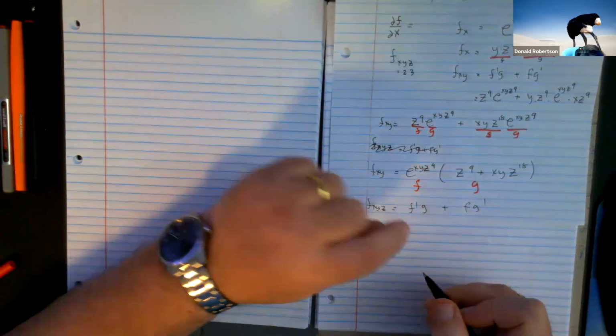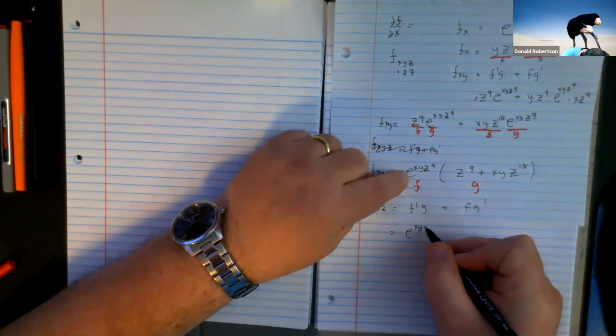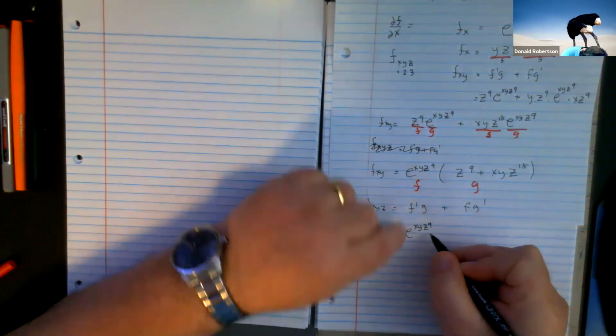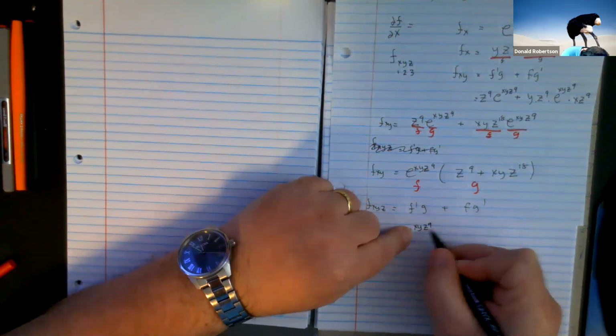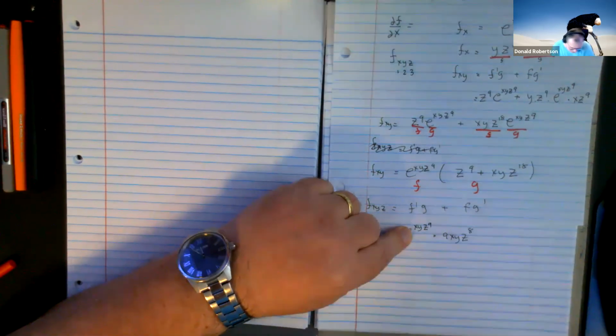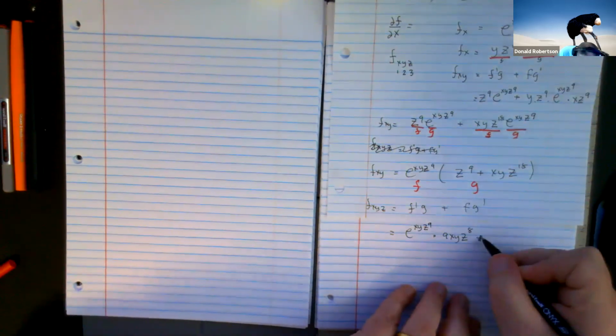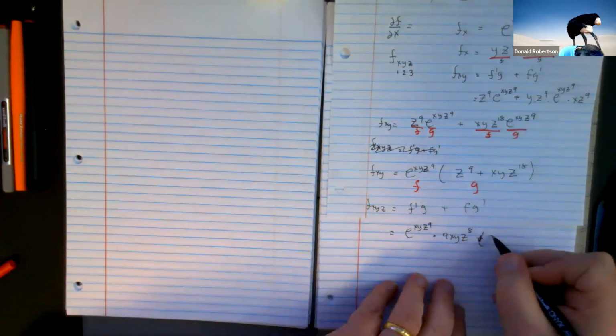With respect to z, if you do this with respect to z, you get e to the xyz to the 9 times the derivative with respect to z, which is a little bit different from the typical answer. Not plus, times g.